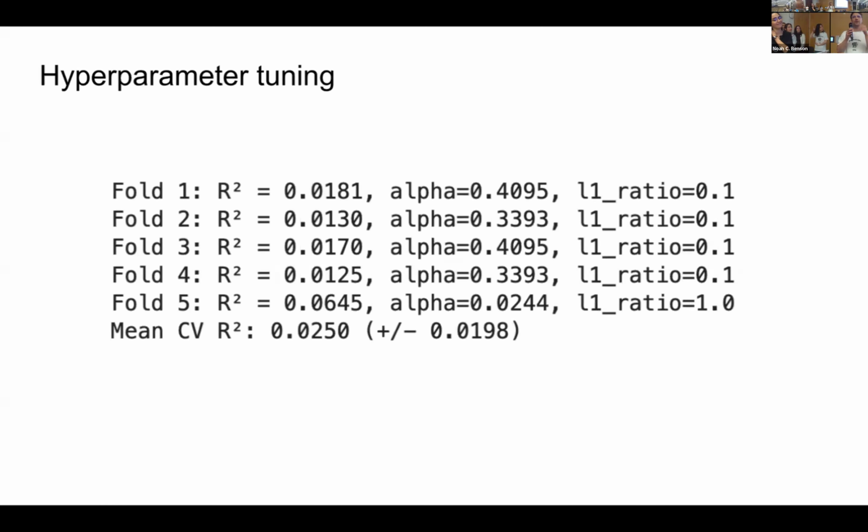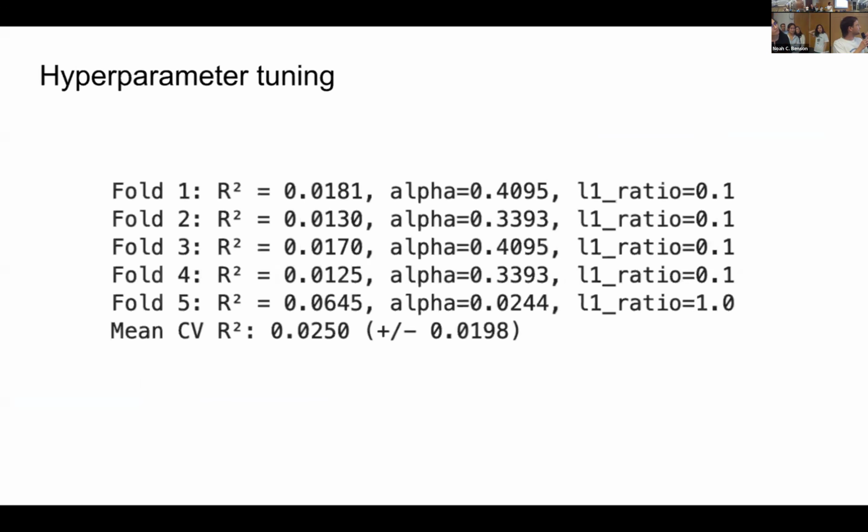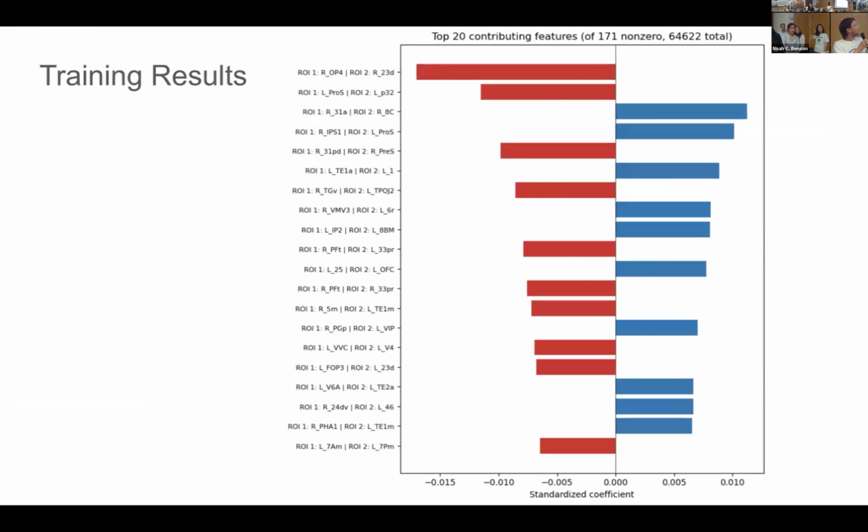We had 64,000 different connection measures. Out of the 64,622 data points we had, 171 were non-zero, and we've pictured the top 20, I think.